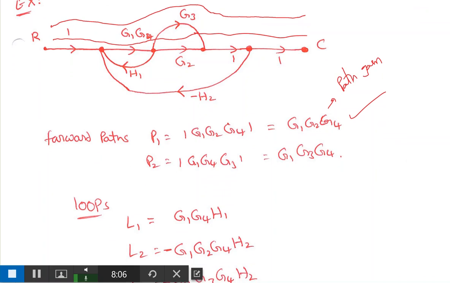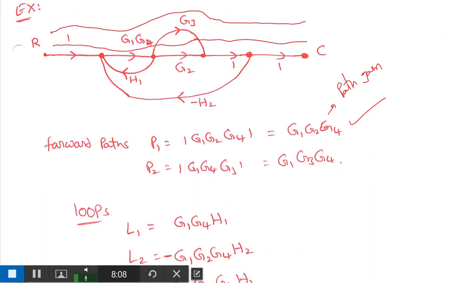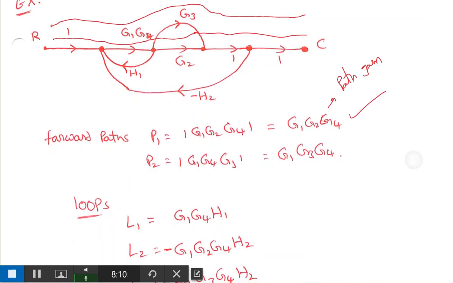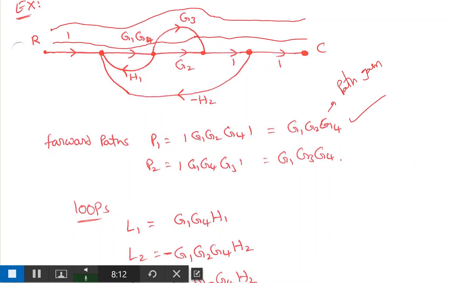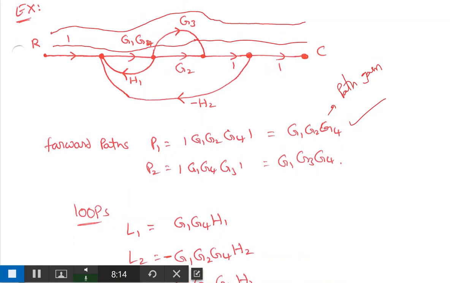Now we'll find the number of loops. A loop is nothing but the starting point and ending point must be the same. Loop 1, you can see, starting from this node, G1 G4 H1, that's loop 1. Loop 2 is G1 G4 G2 and minus H2, that's loop 2.